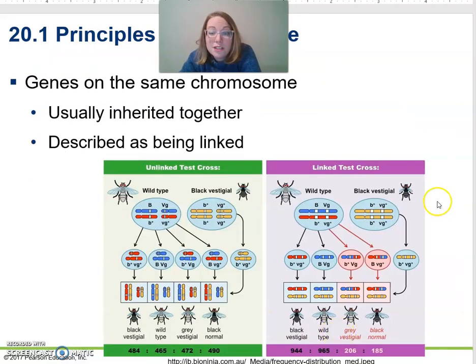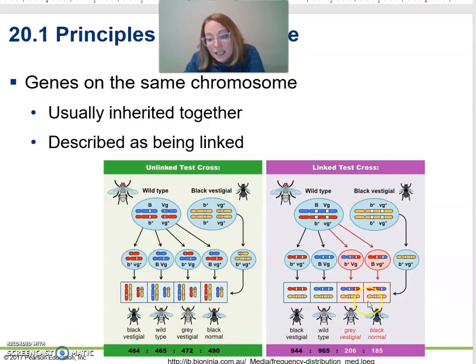So genes on the same chromosome near each other are considered linked because they're likely to go together and they won't get separated during meiosis. So we look at that a lot with flies. If they're not linked and you did one of those cross comparisons, you would expect equal odds of getting any of those types.